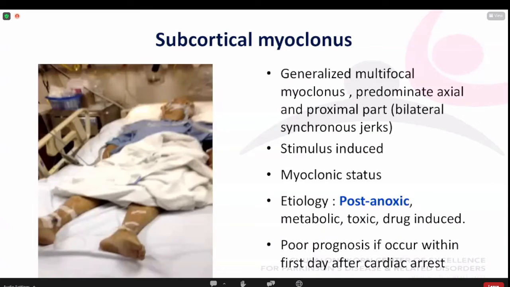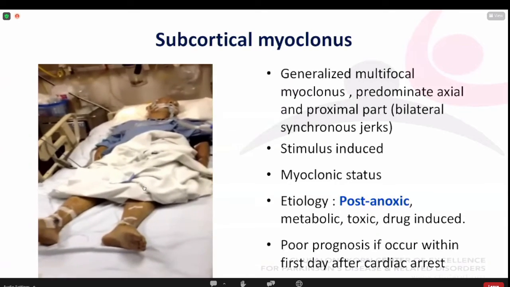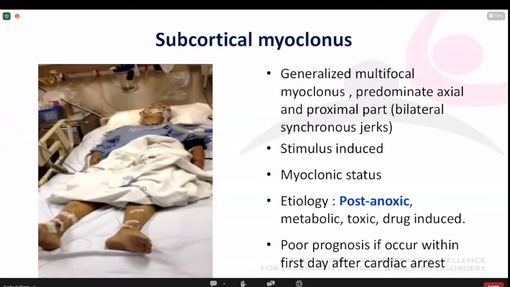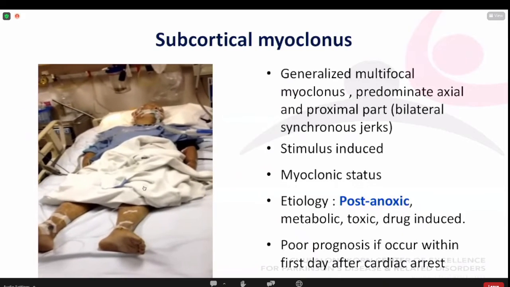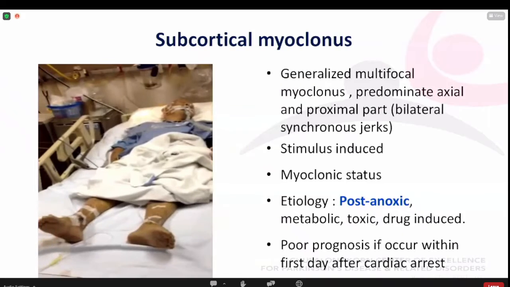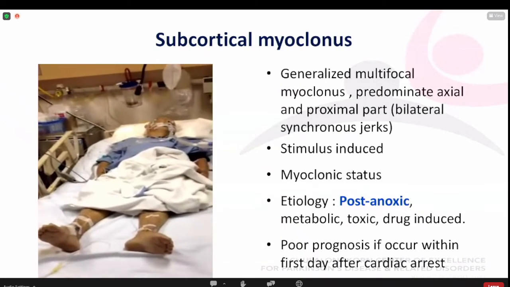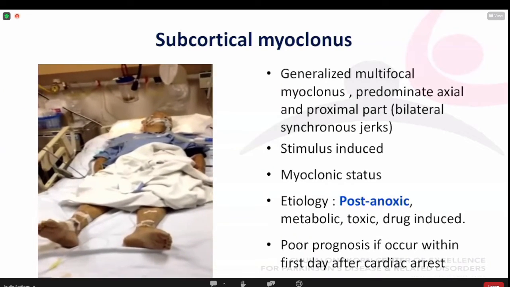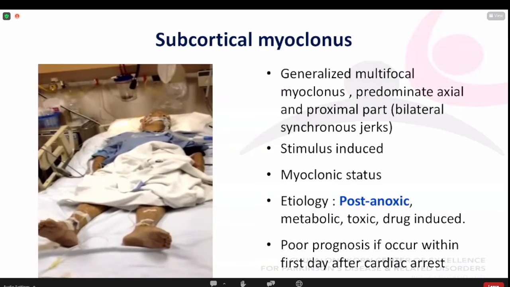And for subcortical myoclonus, the distribution goes to your axial body. In this patient, it's quite common to get a consultation from the medical department, like after he has a cardiac arrest and then you can resuscitate to ROSC.